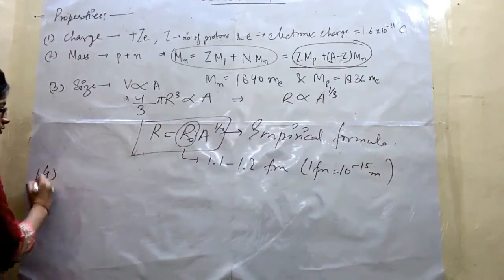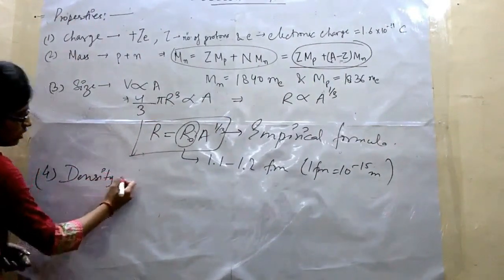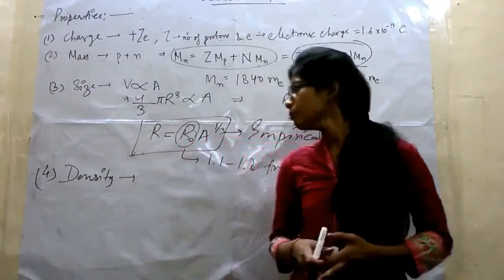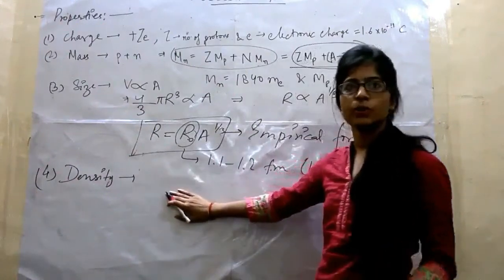Now, the next property we have is density. The simple formula of density is mass per unit volume. We'll apply it here. But what will be the mass and what will be the volume?